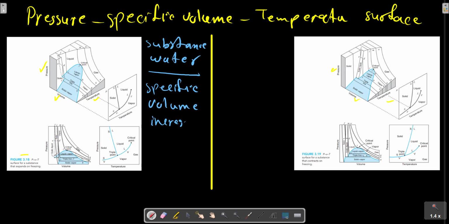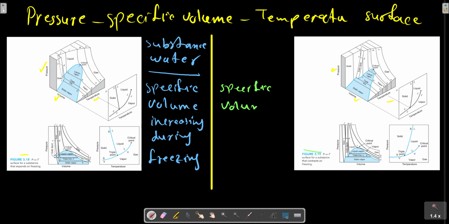And in the other picture we have a substance in which the specific volume decreases during freezing.